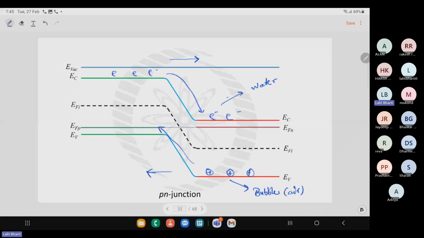Whenever light hits the semiconductor, we have some energy E. This E will generate electrons from here to here. This is a basic phenomenon in semiconductors. That's why semiconductors are required here, because only in semiconductors will electrons be generated by getting energy.